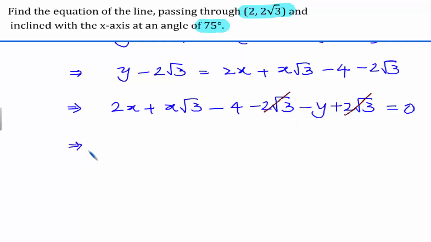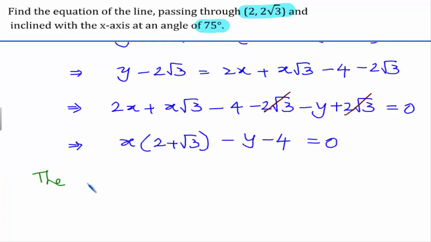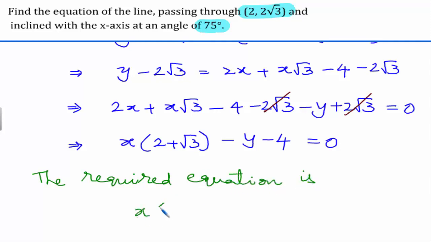Then here x into 2 plus root 3 minus y minus 4 is equal to 0. So the required equation is x into 2 plus root 3 minus y minus 4 is equal to 0.